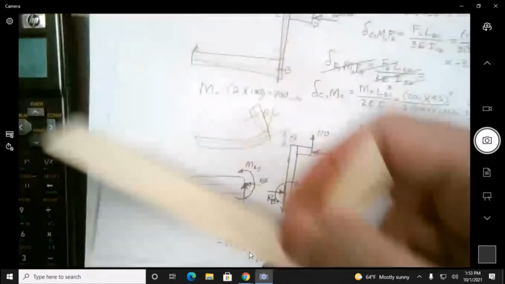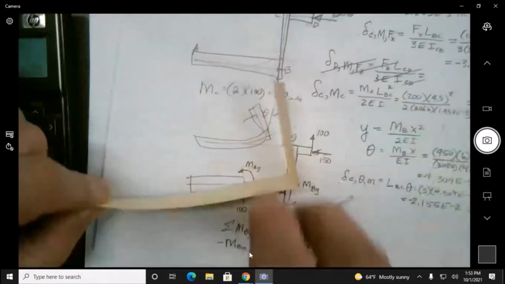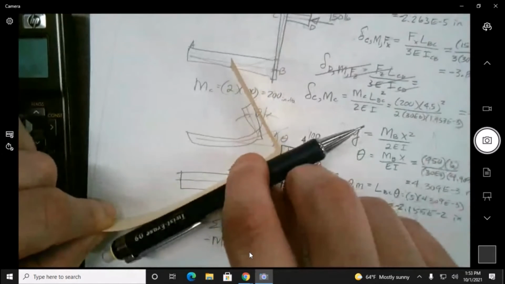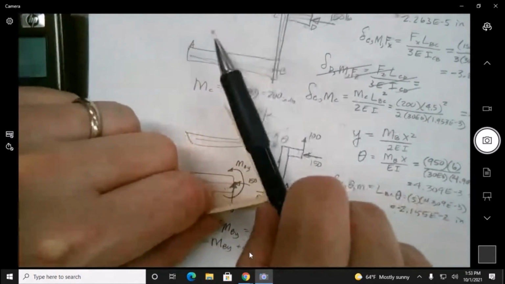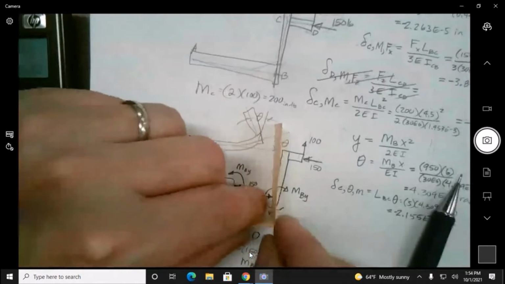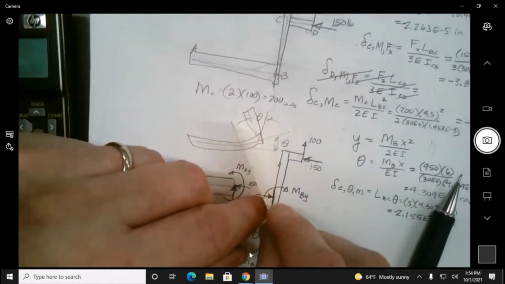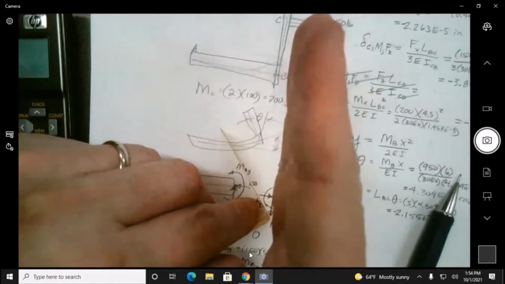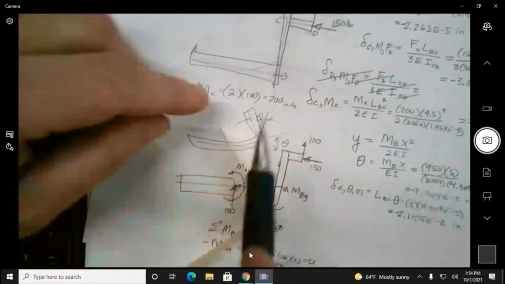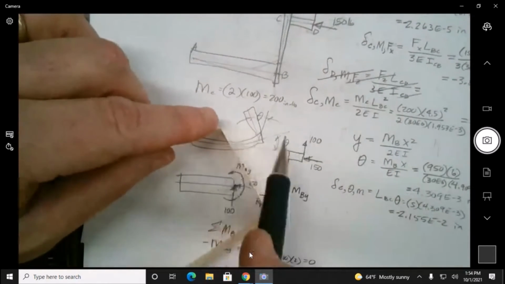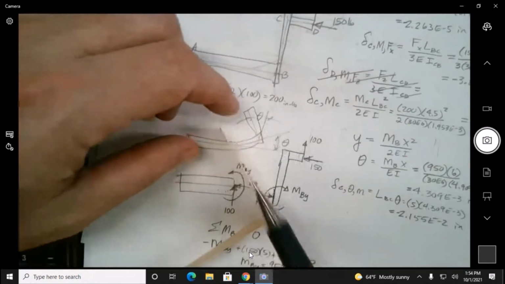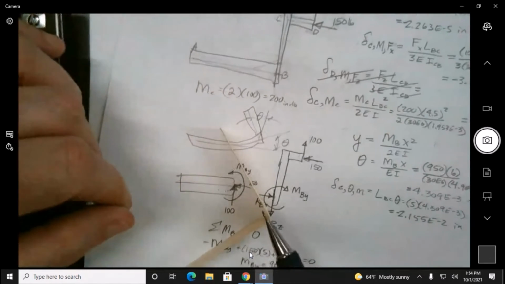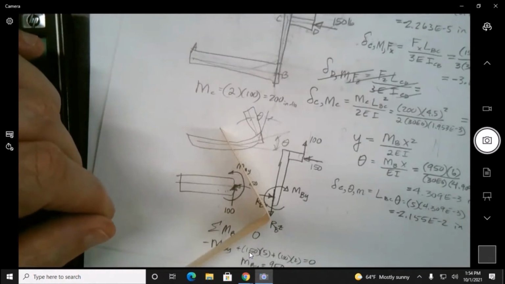Therefore it's going to have a bend, and that bend is going to result in a slope at the end, which is going to be the same slope as this thing right here. So this thing moved from this position to that position by an angle. That means the tip has moved in that direction by that angle times this length. Is that clear? Did I clear it up? Yeah.